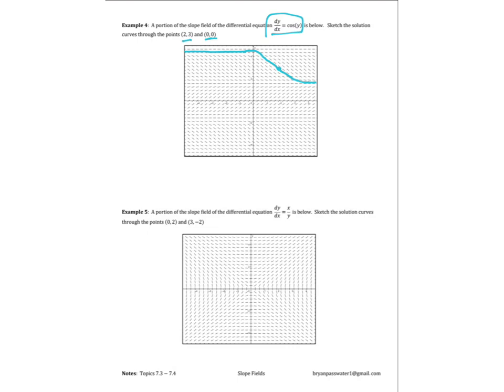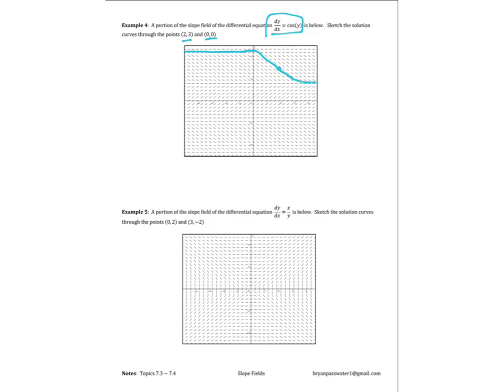And this curve goes through (2, 3). But what if that wasn't the solution curve? We know that an antiderivative would work for any given function, right, within a field. So you have to think of that as well here. This slope field could represent a number of curves.